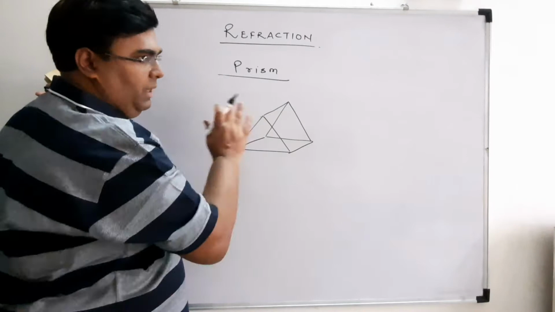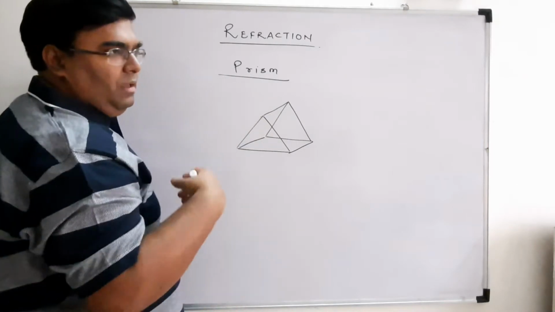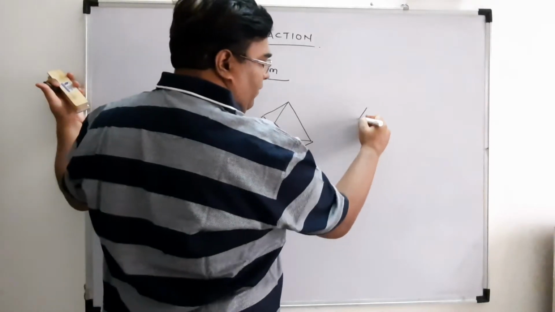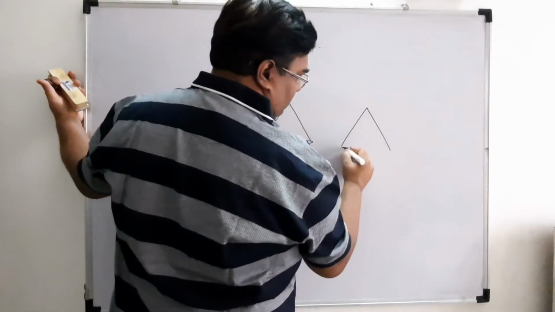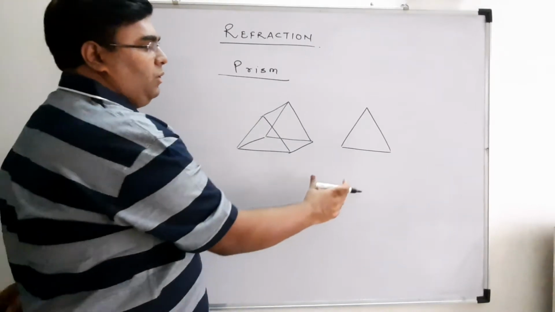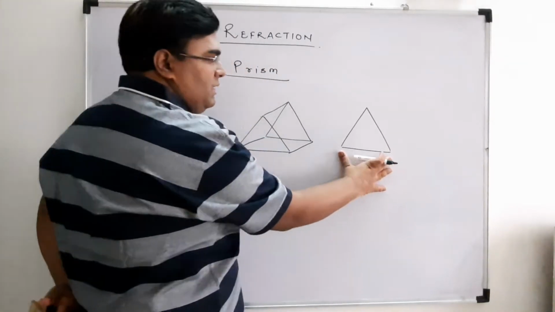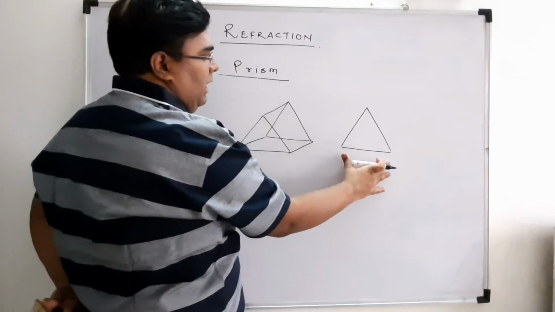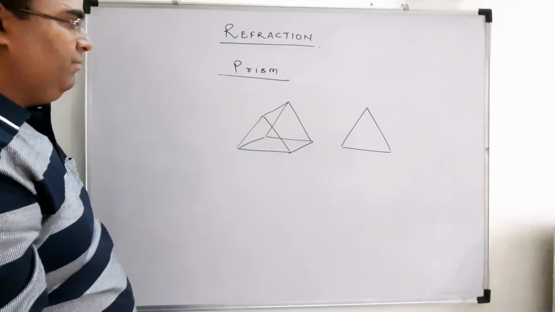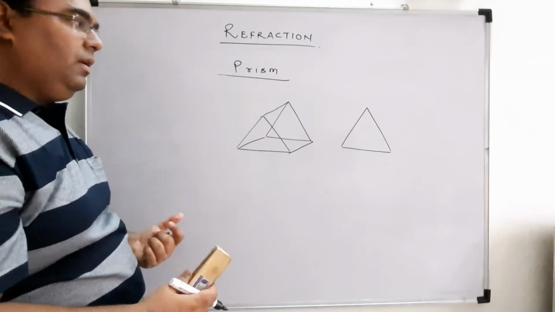This is my prism. Now for the sake of study, we will show only the one triangular face of the prism. This is called my base. We will always keep our prism like this, and then we will study the refraction. So understand the prism first.